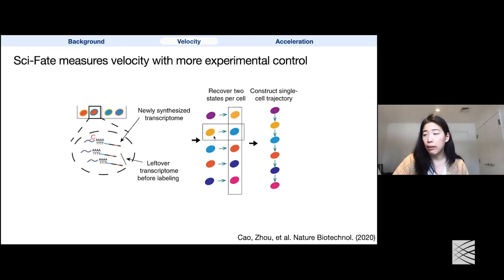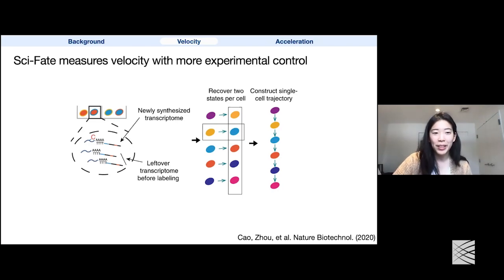So you can imagine that you have a cell here from maybe the 2-hour time point, and you can look at the leftover transcriptome that isn't labeled and infer what an earlier cell might be. You can call this a parent cell that matches it. And so using this method, you can connect cell trajectories across many different time points that are informed by many different measurements in time, unlike pseudotime measurements.